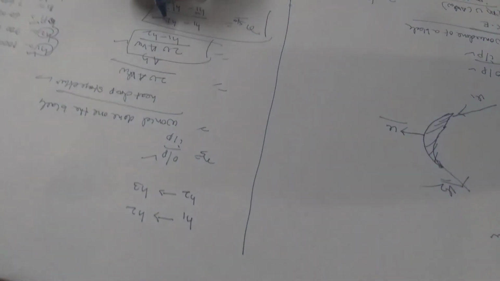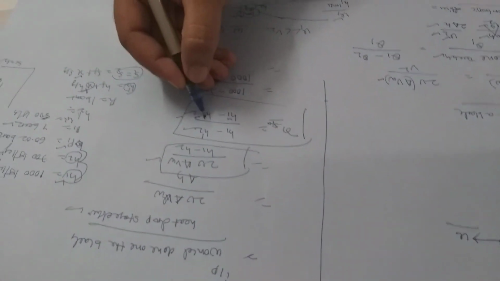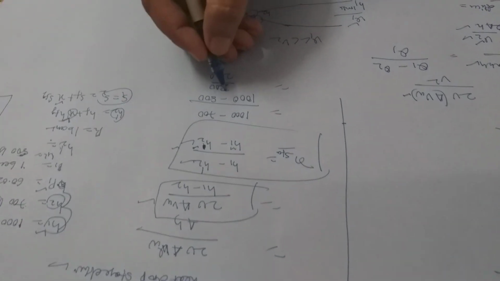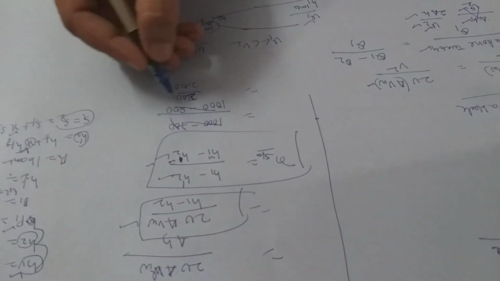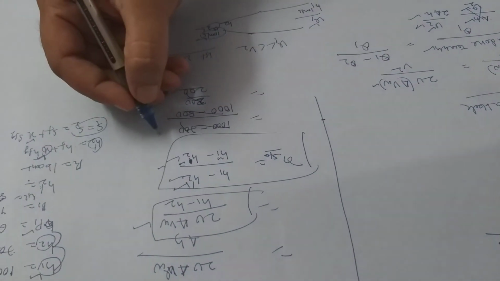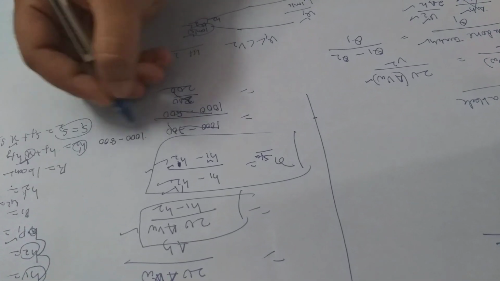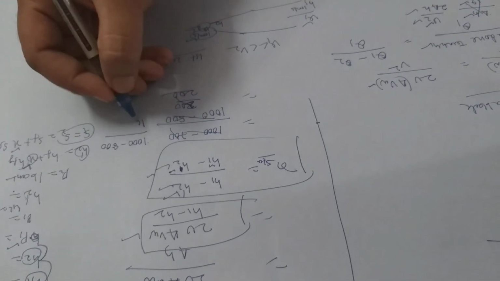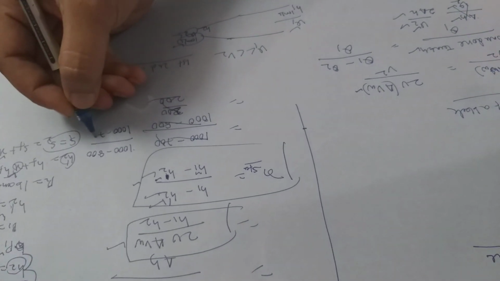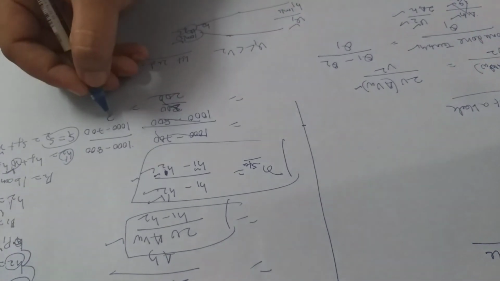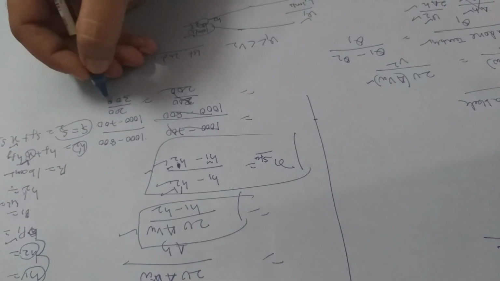Sorry for that, it should be H2 dash by H2. The isentropic efficiency is H1 minus H2 dash, 1000 minus 800, by H1 minus H2, 1000 minus 700. This is 200 by 300.